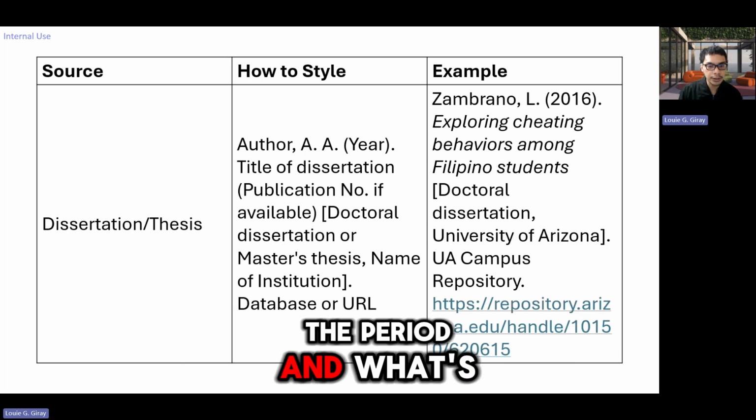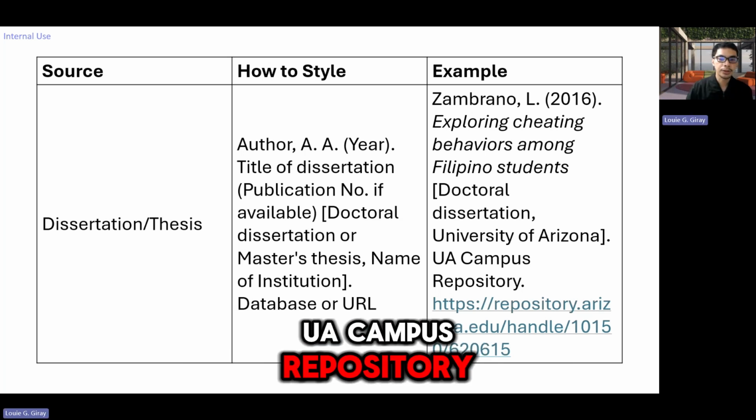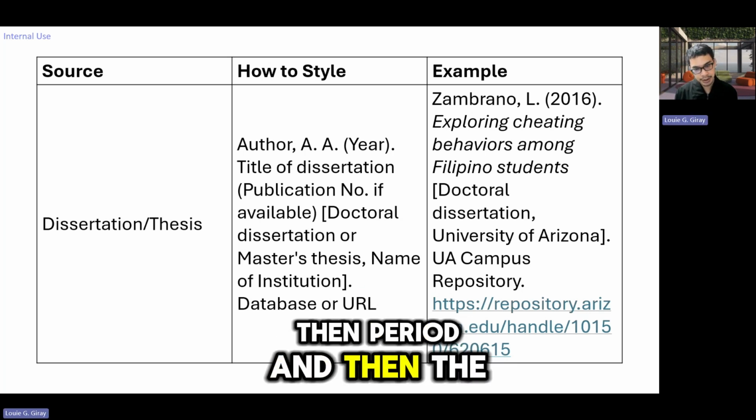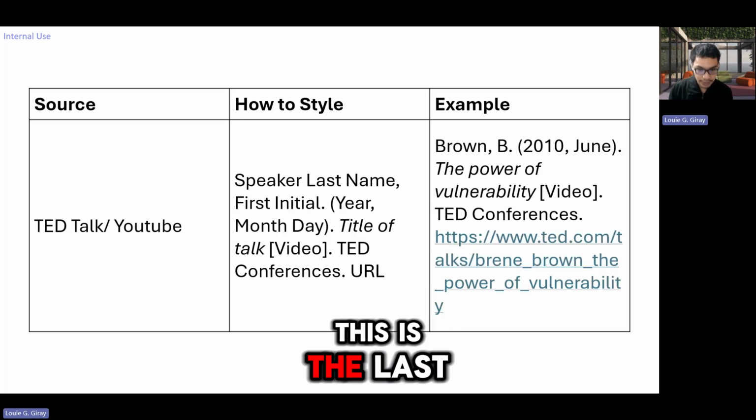Then a period, and the database, UA Campus Repository, or the library where it can be accessed, then a period, and then the clickable link. Might be exhaustive, but this is the last.